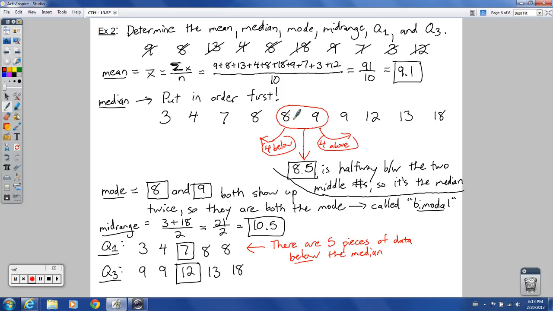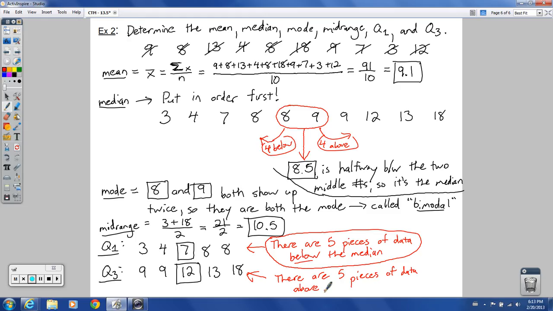This 8 was still below the median, 8.5 being the median. And one more thing in a different color here, there are 5 pieces of data above the median. That's why we included the extra 9 right here. That's still above the median. Okay.